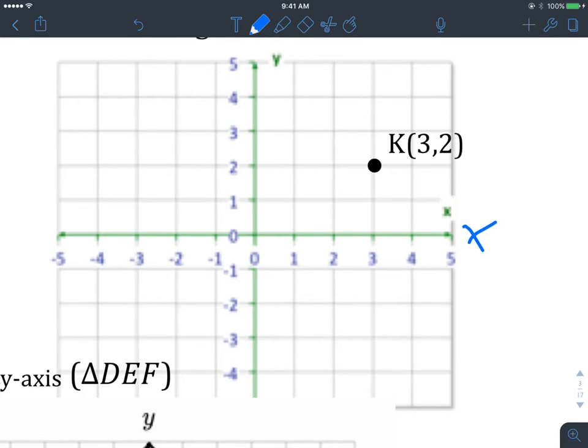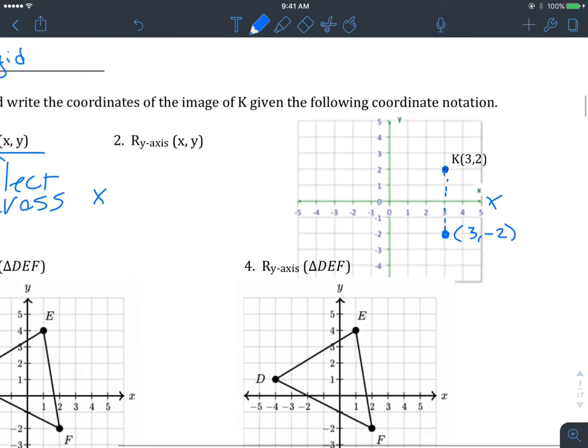First of all, label your x-axis. This point here, 3, 2, needs to be the same distance from the x-axis. It's about 2 units away from the x-axis, so go about 2 more down, and that would be a mirrored image across the x-axis. And you'd say 3, -2 for this one.